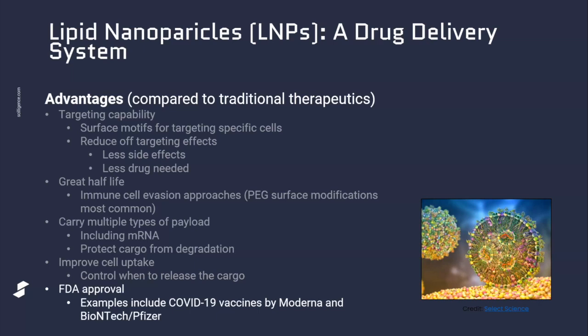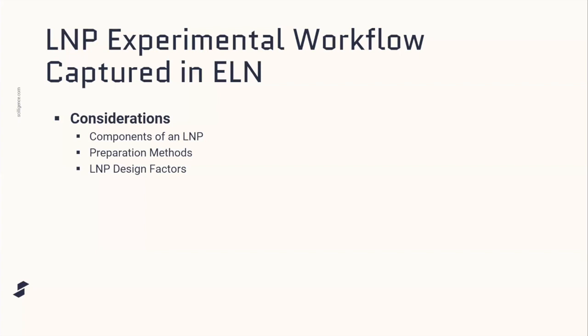So the FDA is already approving such drug delivery systems, and you can see that with the COVID-19 vaccines by Moderna and BioNTech, Pfizer. So what would we need to capture for our ELN system to ensure that when you're developing these nanoparticles, you would have everything that you would normally capture in a notebook?